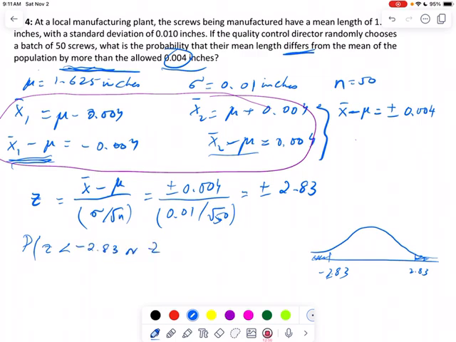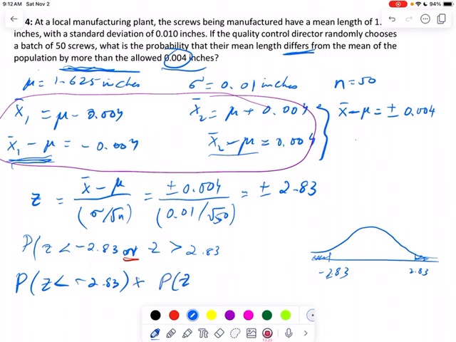Remember, 'or' changes to plus. So we can write it as the probability that z is less than negative 2.83 plus the probability that z is greater than 2.83. But these are the same things, right?